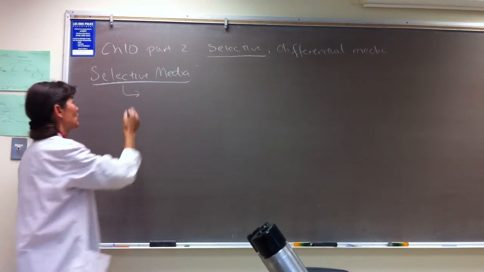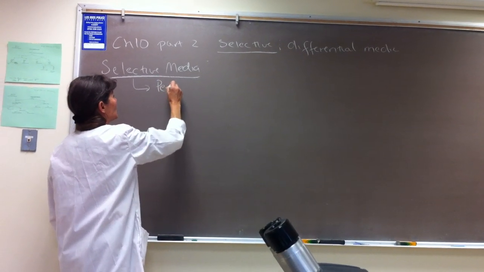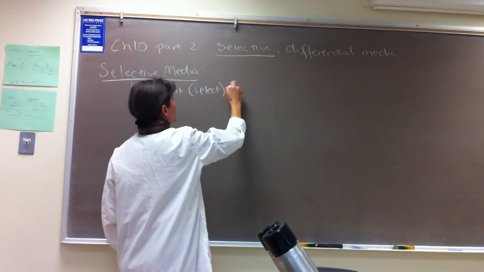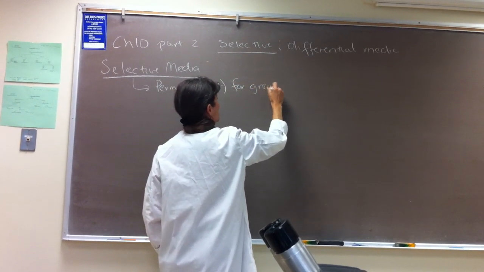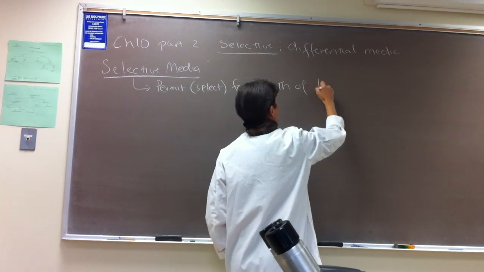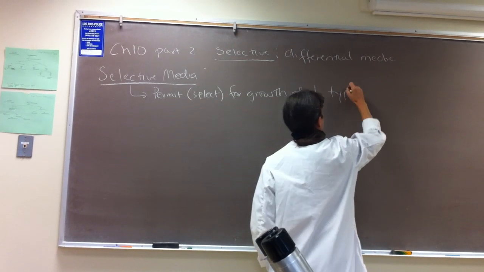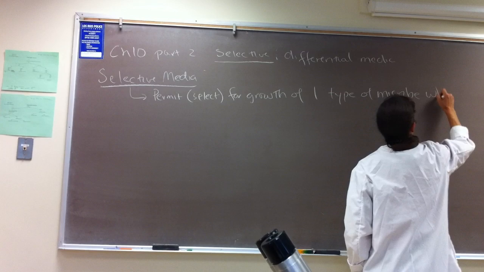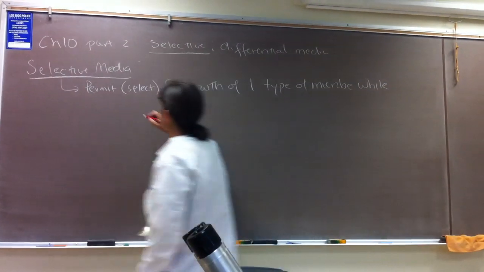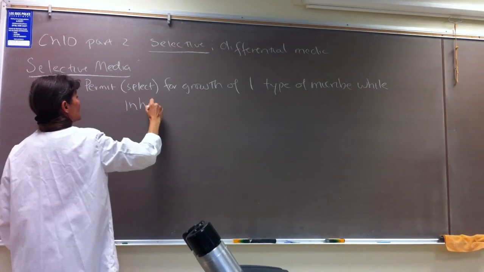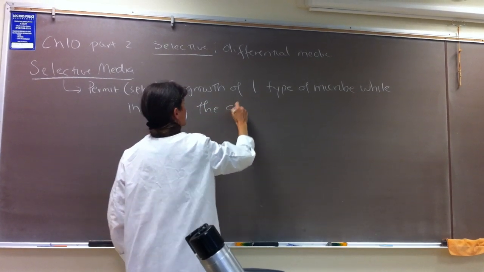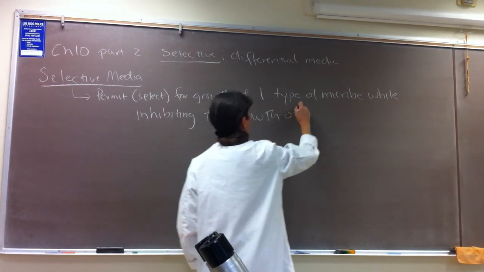What we're trying to do is permit, or select, growth of one type of microbe while inhibiting the growth of other microbes.